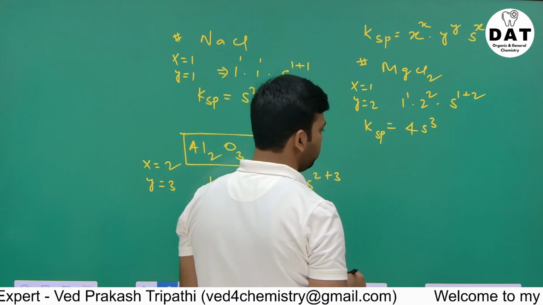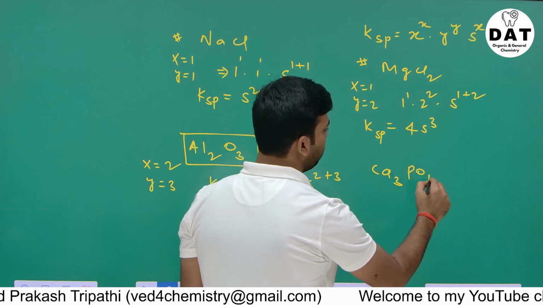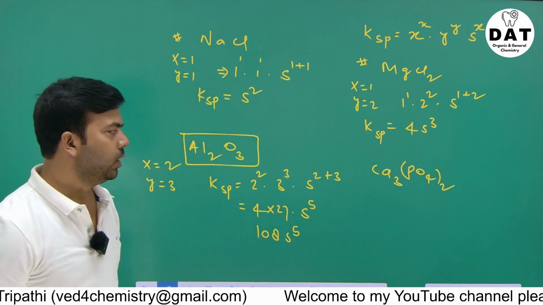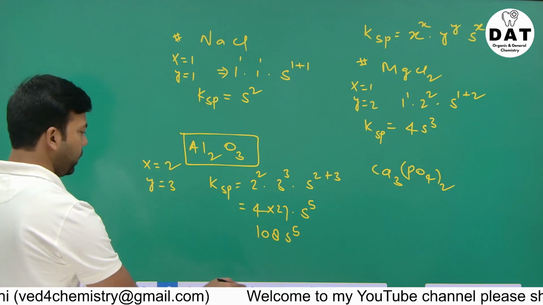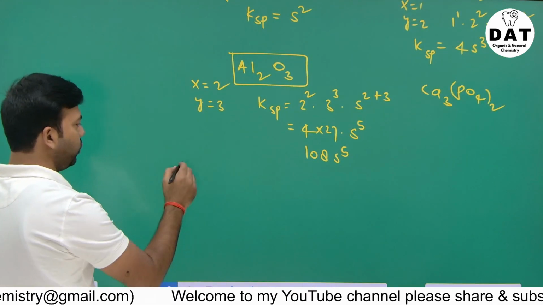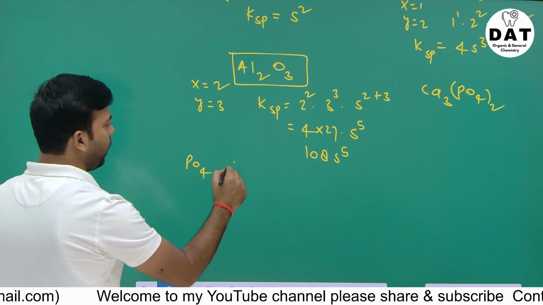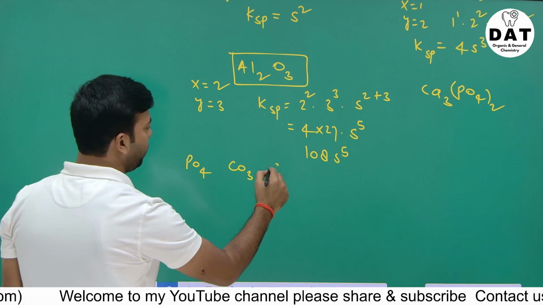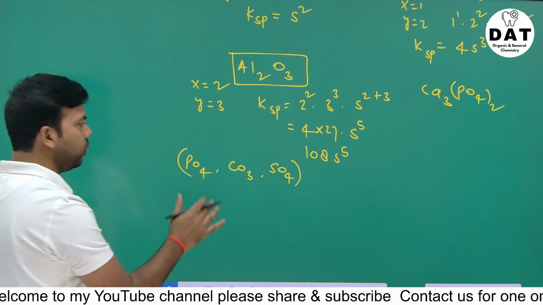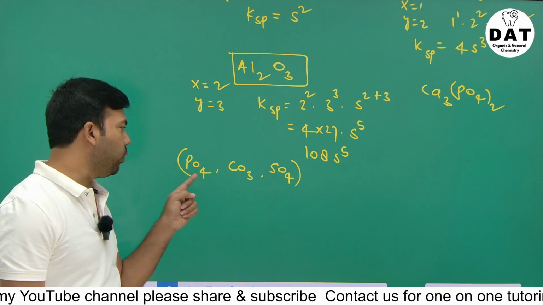Suppose you have Ca3(PO4)2. This one. You know, one more thing I want to add here. Suppose you have this type of salt, PO4, phosphate, carbonate, sulfate. They always exist in this form, PO4, CO3, SO4. I mean, this is entire one thing, PO4. Don't say like, why is my 4 here?